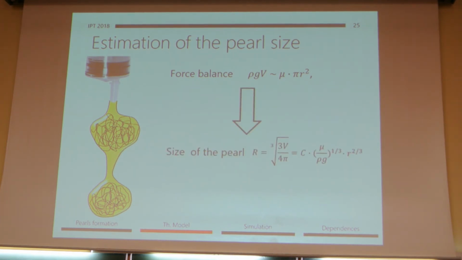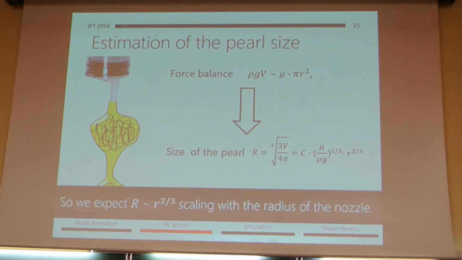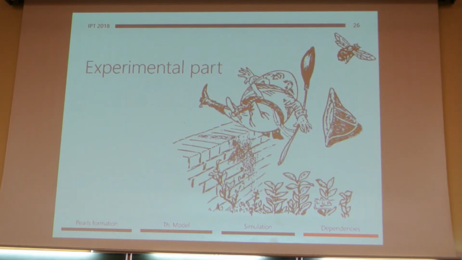From this we can estimate the size of the pearl. We can find the radius of the pearl at the bottom of the oil as a function of the radius of the nozzle, and get the following dependence. We need to remember it because we will use it in our experimental part.